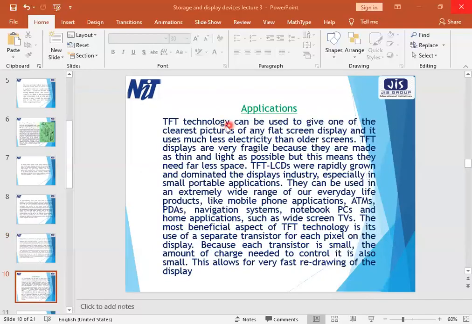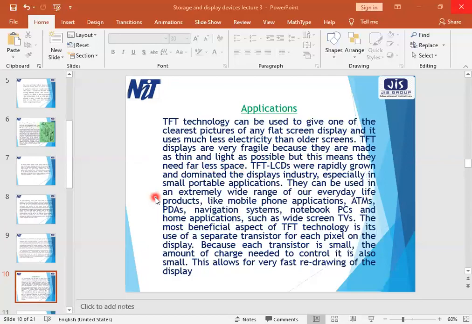Applications. TFT technology can be used to give one of the clearest pictures of any flat screen display, and it uses much less electricity than older screens. It is very important that a very small amount of power is required. TFT displays are very fragile because they are made as thin and light as possible, but this means that they need far less space.